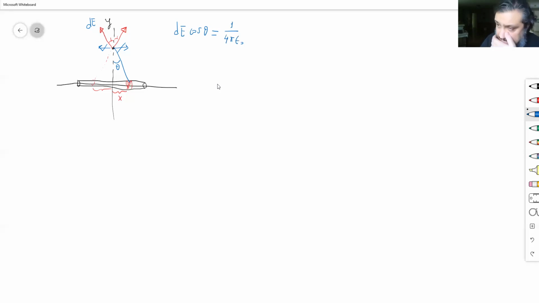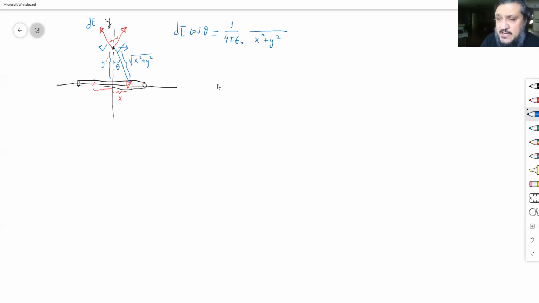Now, in the denominator, I will have x squared plus y squared, of course. This is y. This side is square root of x squared plus y squared.